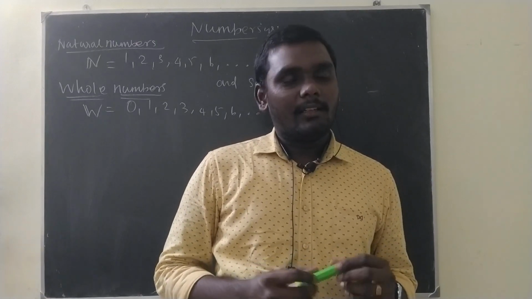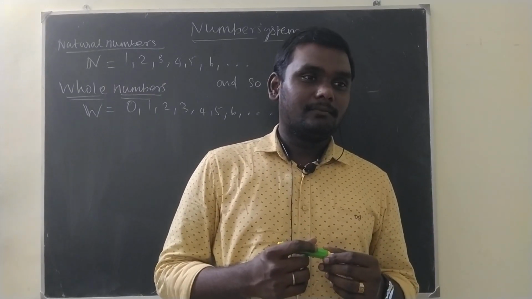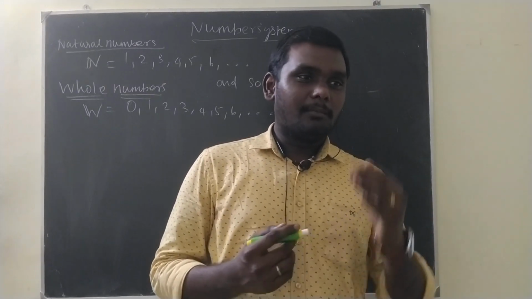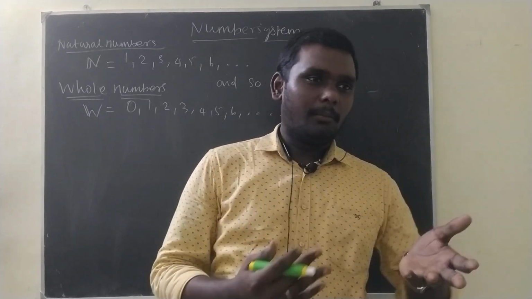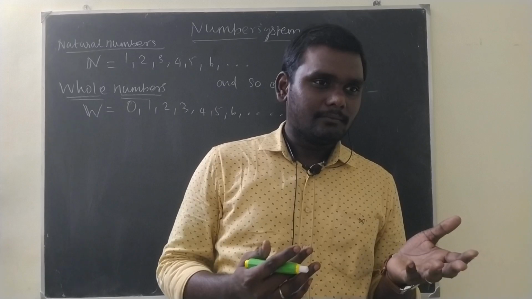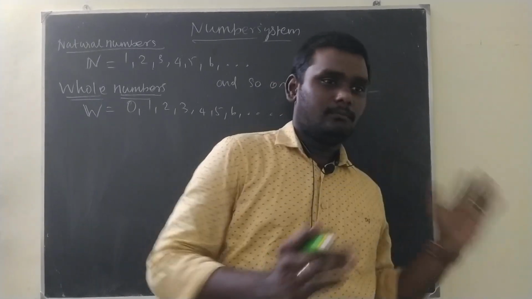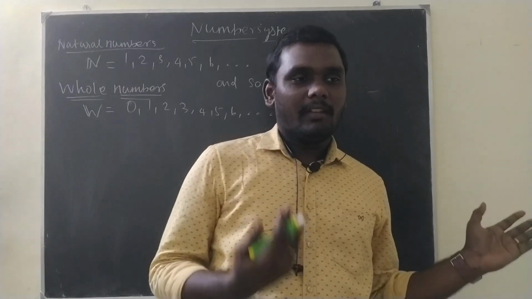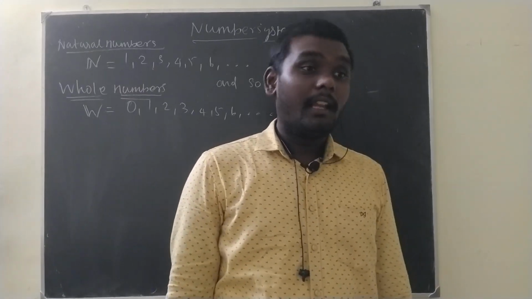In places like Antarctica, minus 4 degrees Celsius, which means it's below 0. It goes beyond 0. So we need the number system to denote those things as well. That is why we need negative numbers.